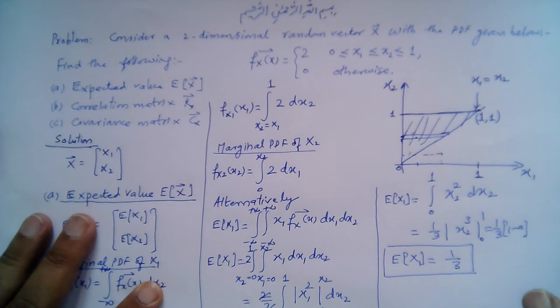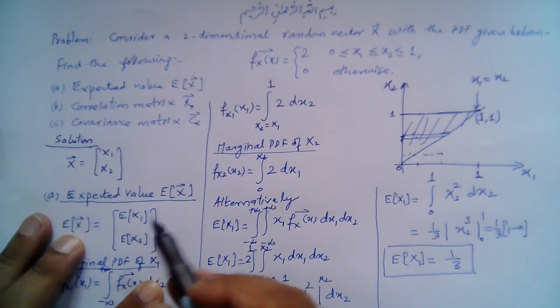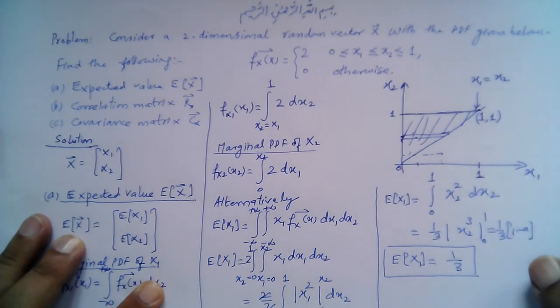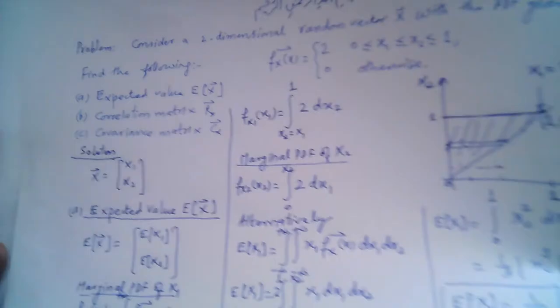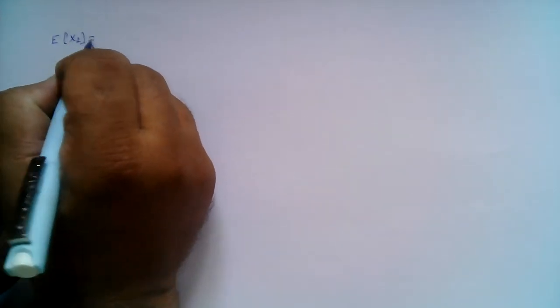So let's now find out the expected value of x2. The expected value of x2 can also be found using the marginal PDF of x2, but we could also find it using the PDF of the random vector, like we did for the expected value of x1.